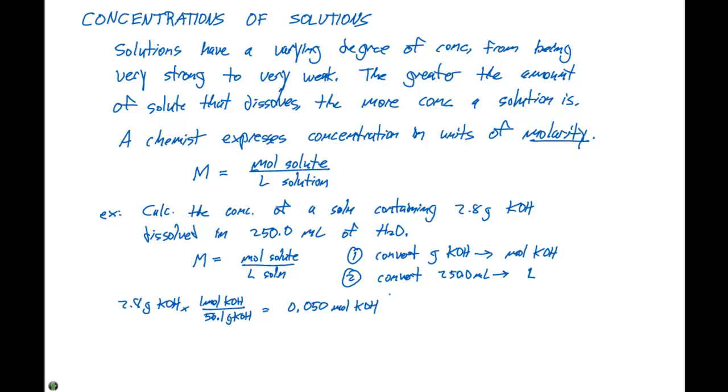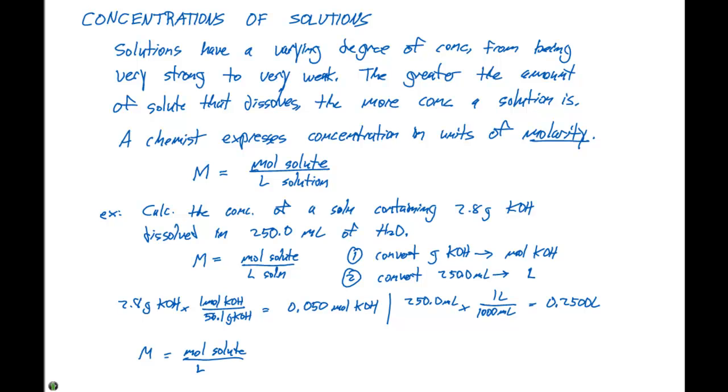So that is our first calculation, and now we need to perform our second calculation, which would be to convert the 250.0 milliliters over to liters. We know that there are 1,000 milliliters in 1 liter, which gives us 0.2500 liters.